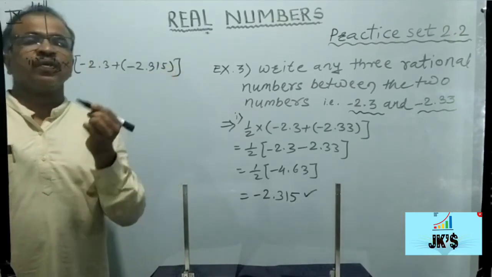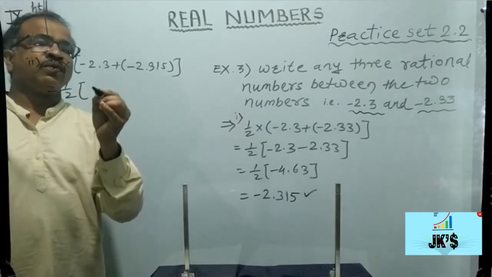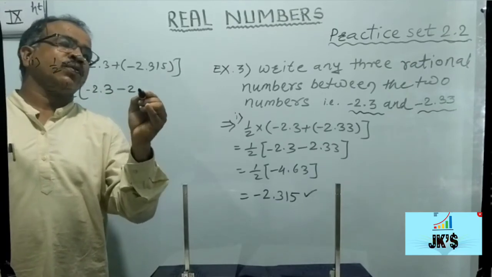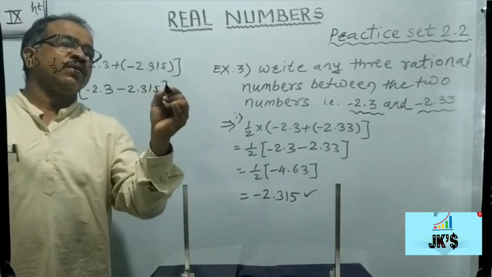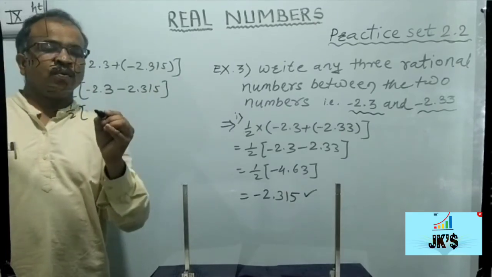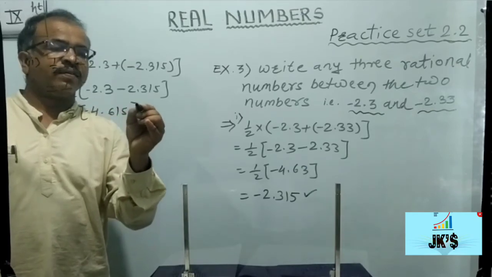So 1 by 2 into minus 2.3 minus 2.315, when we add this, 1 by 2 into minus 4.615.